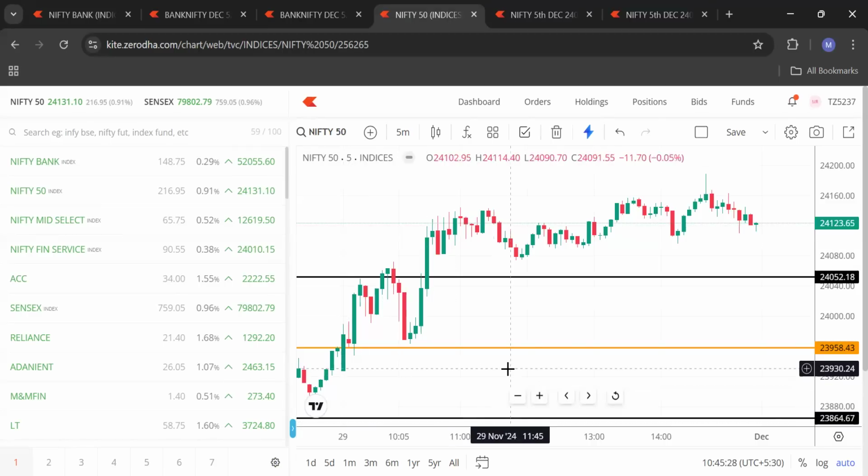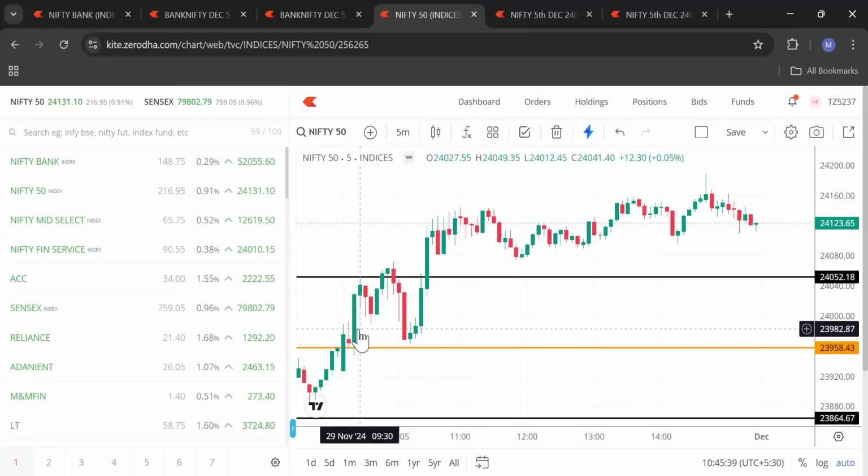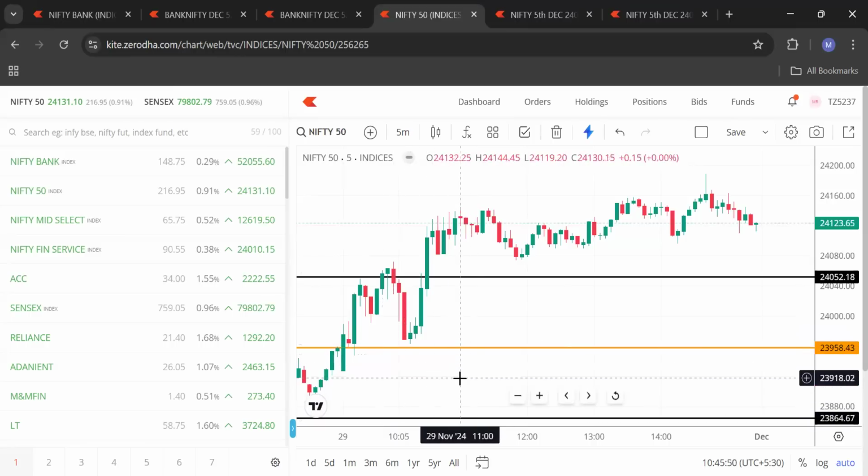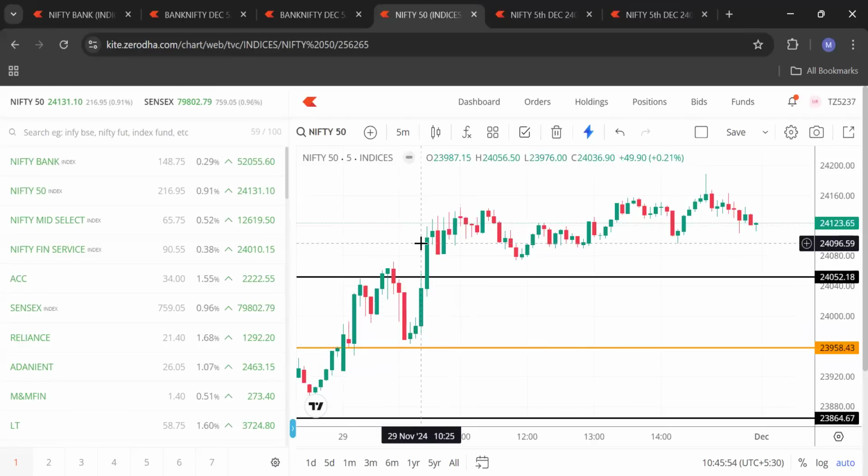And the orange color line is nothing else, but it is the central line, means this line value plus this line value divided by 2. In short, you can say if the price breaks above this particular band, it will be super bullish. If it breaks below this lower line, it will be super bearish. Orange line is the center, it is a border above which the province or the country of bulls start, and below it the country of bears.